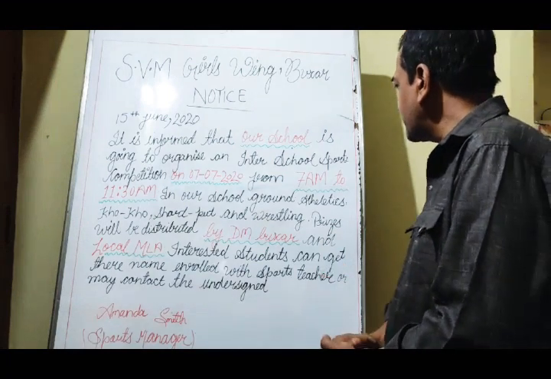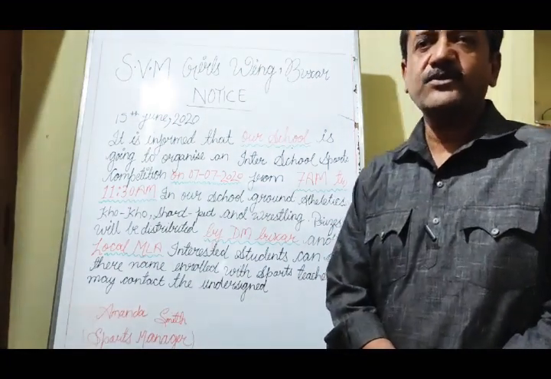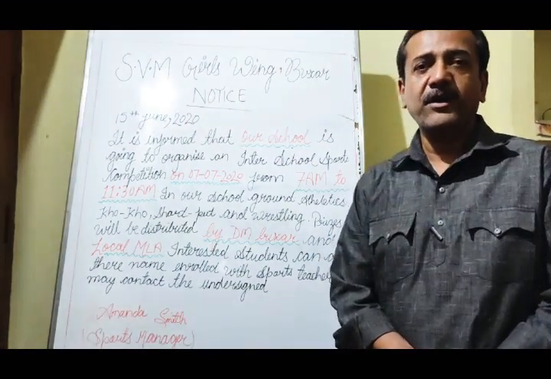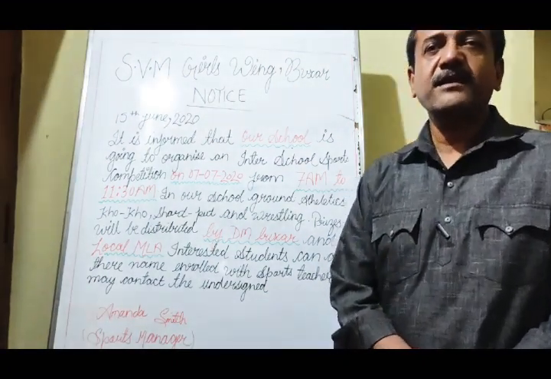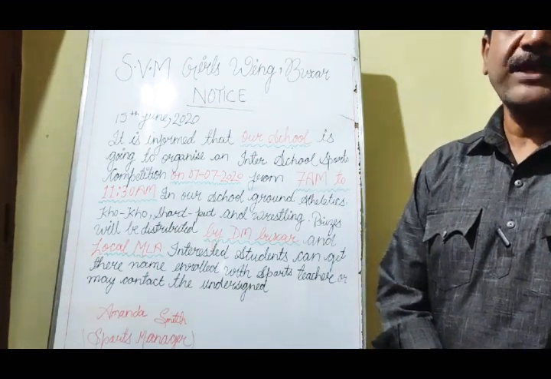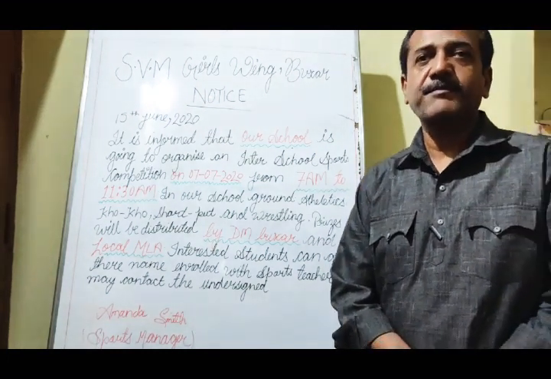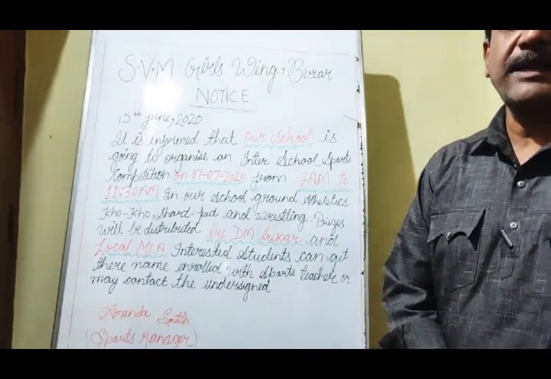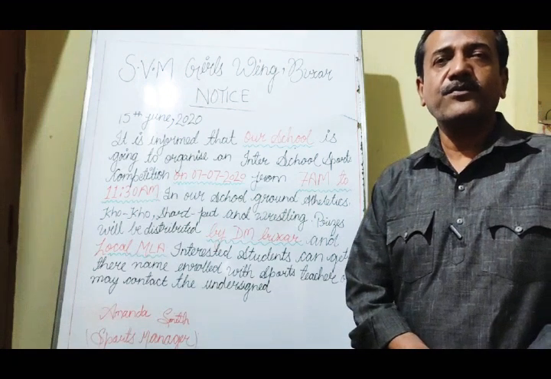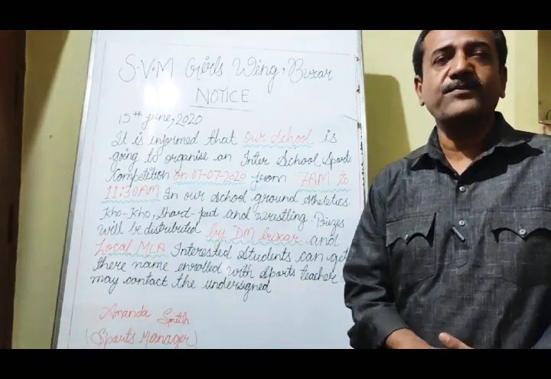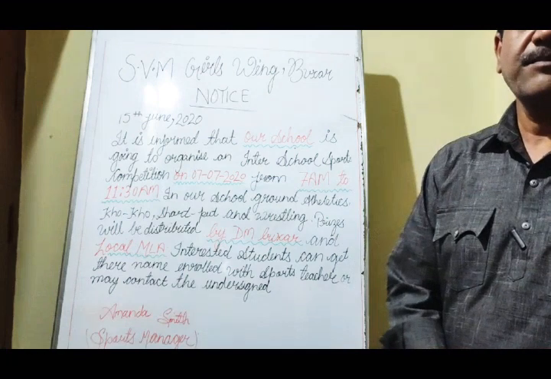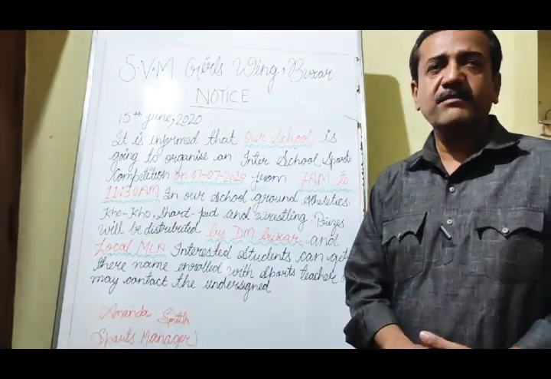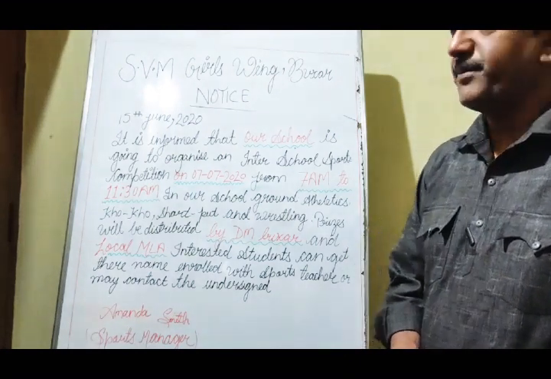And usually in such programs, when some big events are organized, then definitely we invite some big people like DM or some school secretaries, some ministers, MLAs, or some government officials, or some person of repute, maybe some doctor, anybody who has some social repute.